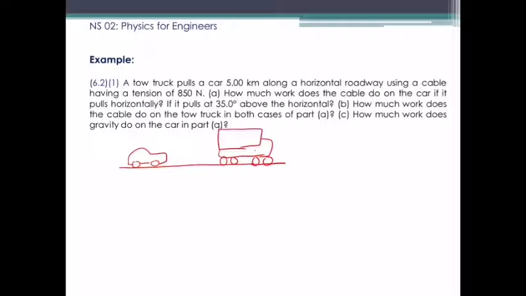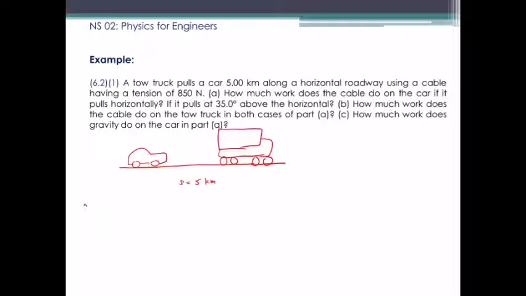Suppose this is our tow truck and the car. Now, we have a cable. The tow truck pulls a car 5 kilometers along a horizontal roadway. So we have S to be 5 kilometers. So we have a cable. What if the car is being pulled horizontally?